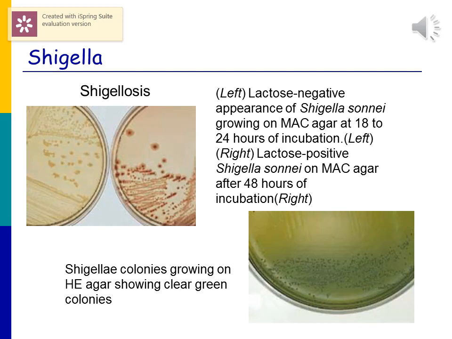So you have to be careful when you look at those stool specimens after the first incubation, which is overnight to 24 hours, you may not see the lactose fermentation of Shigella. You may need to wait 2 days, sometimes 3. So it's a very late lactose fermenter, Shigella sonnei is. Shigella growing on Hektoen enteric is a clear colony, so it is going to look green on Hektoen enteric agar.